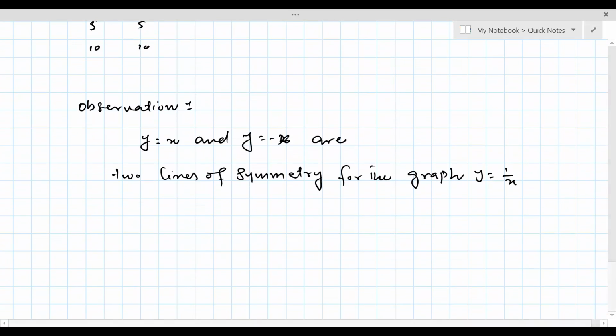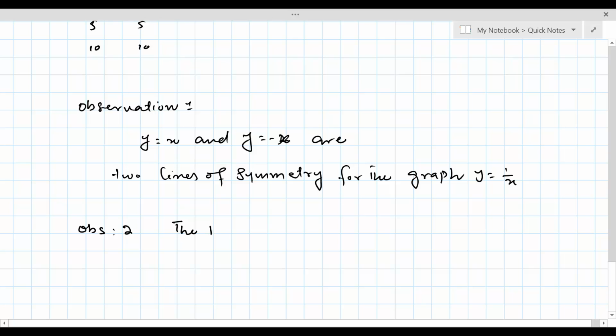So that is our second observation. Observation 2 is that these points which are on both graphs are called invariant points.